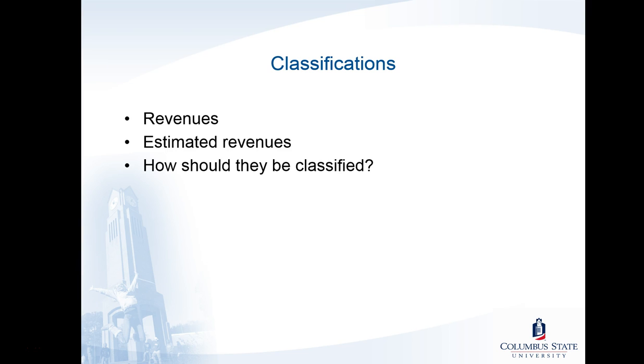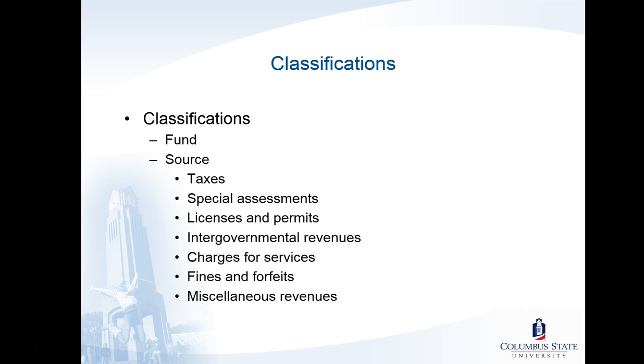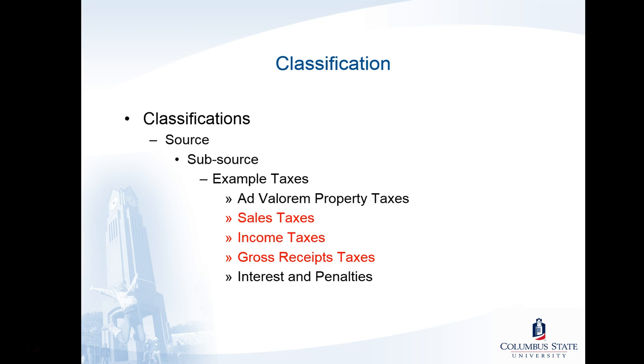For revenues and estimated revenues, how should they be classified? Again, by fund and by source, whether it's taxes, special assessments, licenses and permits, intergovernmental revenues, charges for services, fines and forfeits, miscellaneous revenues. Those are typical examples of sources that are common within the governmental environment.